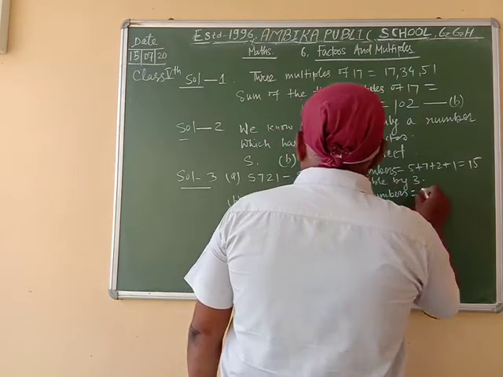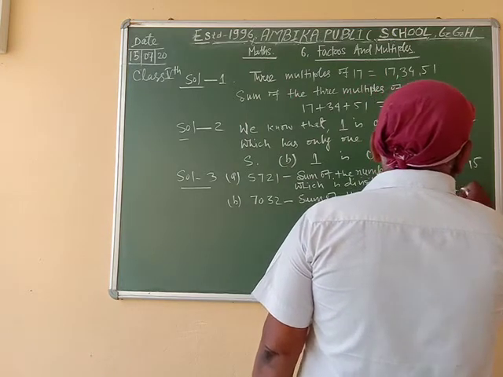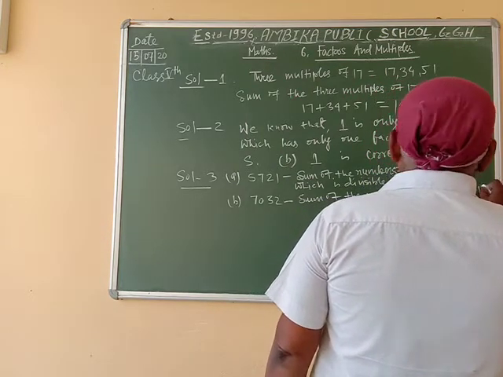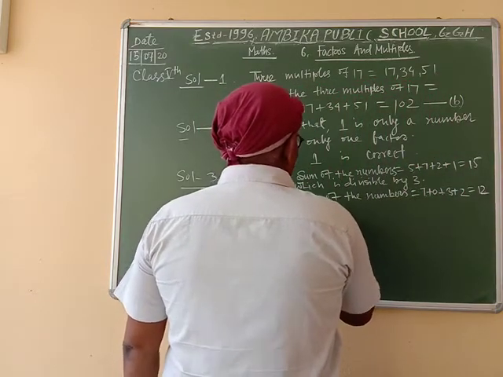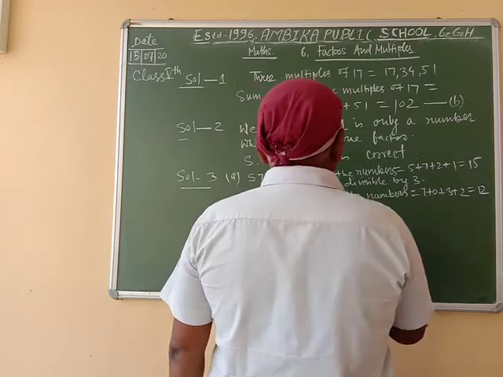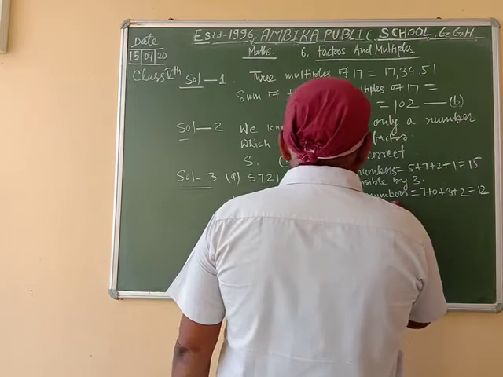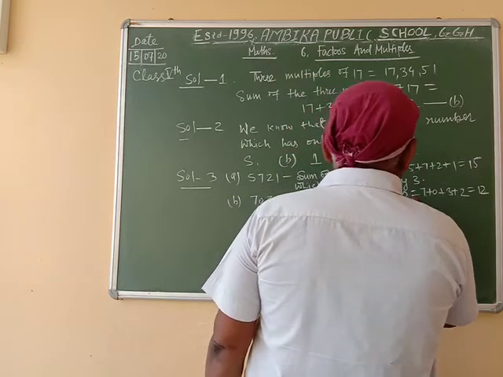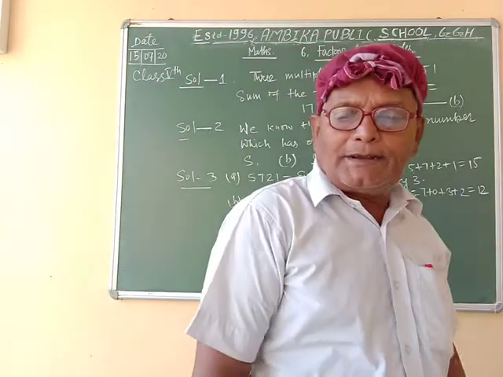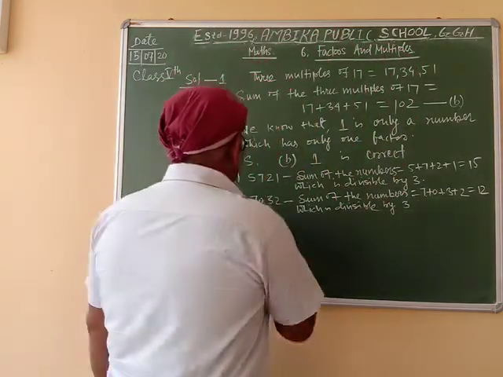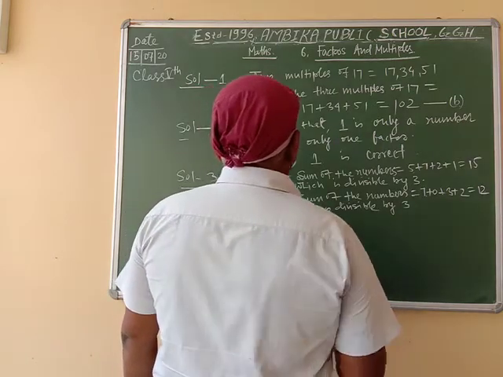is equal to 7 plus 0 plus 3 plus 2, which is 12, which is divisible by 3. In C, the number is 5312.